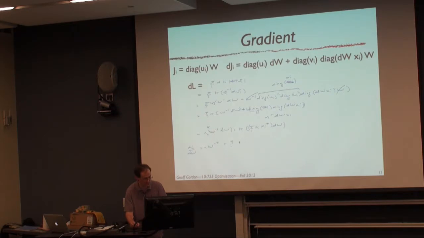So that's going to be alpha_i times x_i transpose. Okay. This is the identification rule, right? So if you have the differential of a scalar function of a matrix argument, the identification rule will let you get the actual gradient, which is the transpose of the coefficient of dW. Okay?